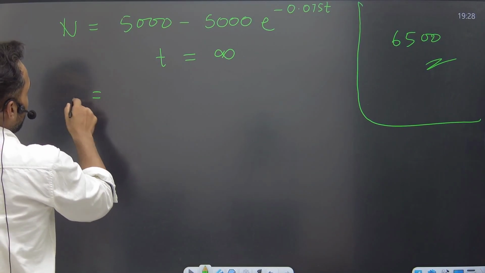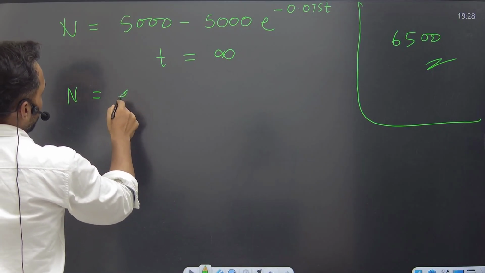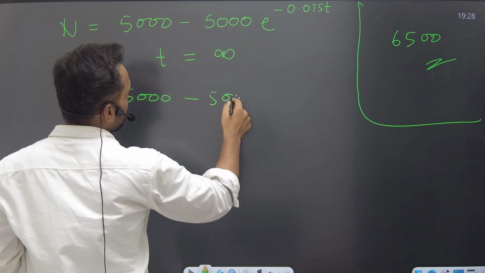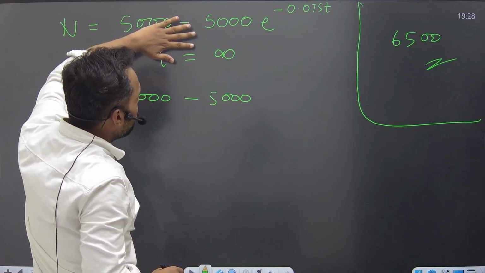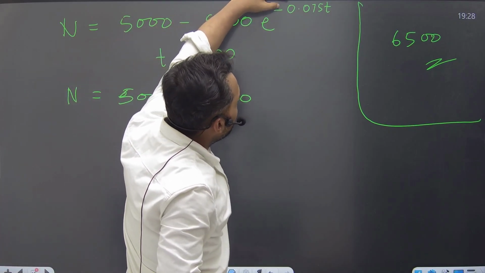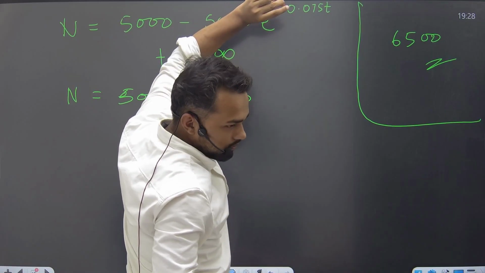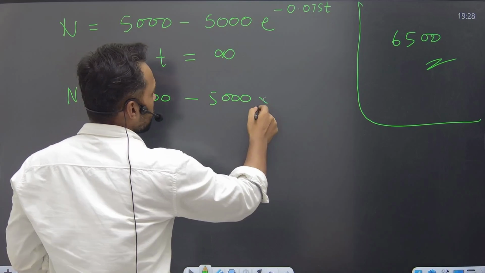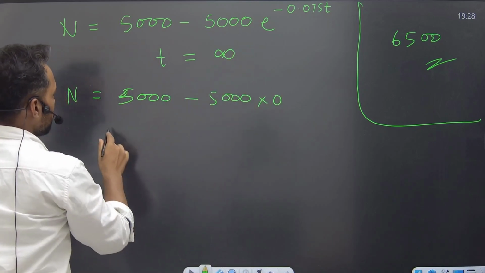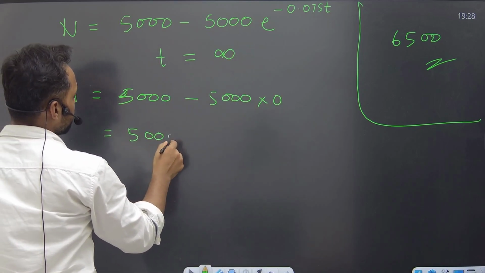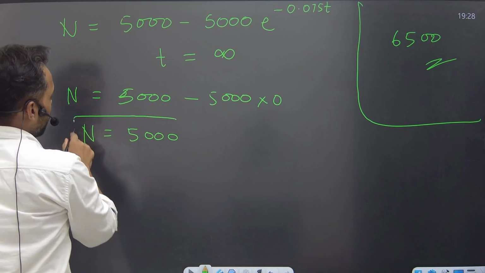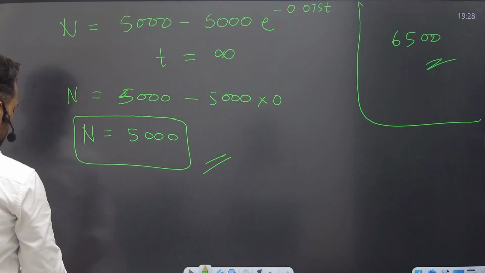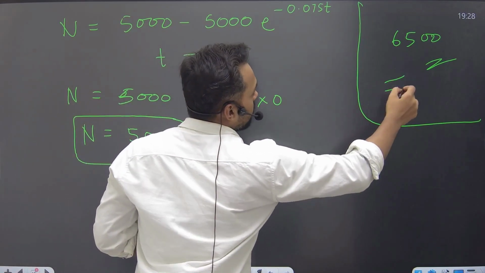So what you'll get as an upper limit here is N equals 5000 negative of 5000, and after plugging in t equals infinity, you will get e raised to the power negative of infinity, which will be 0. This part will be 0, so the value is 5000. So according to the given equation, the upper limit should be 5000, but in the question it was mentioned that the upper limit is 6500.